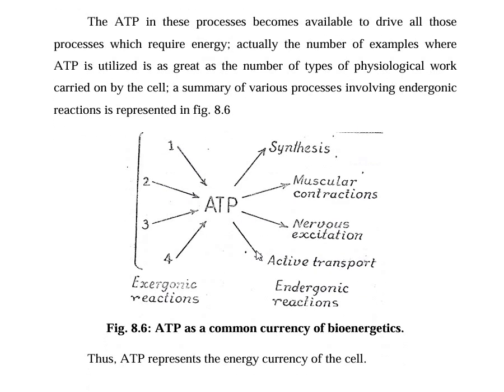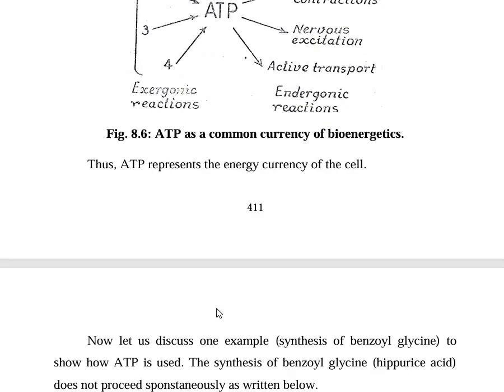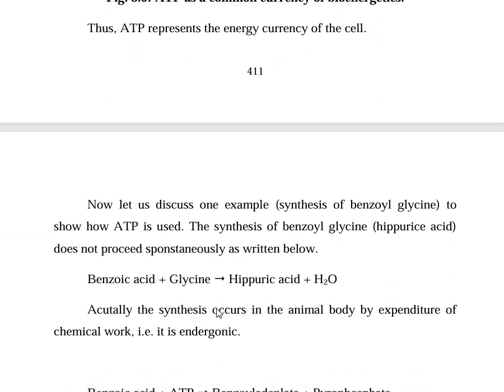You can see ATP linked with exergonic reactions, and ATP gives synthesis, muscular contractions, nervous excitation, active transport, and endergonic reactions. So this is the pictorial diagram of ATP as a common currency of bioenergetics. ATP represents the energy currency of the cell.